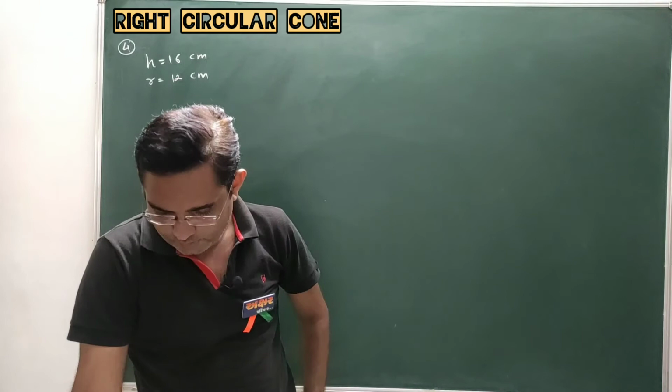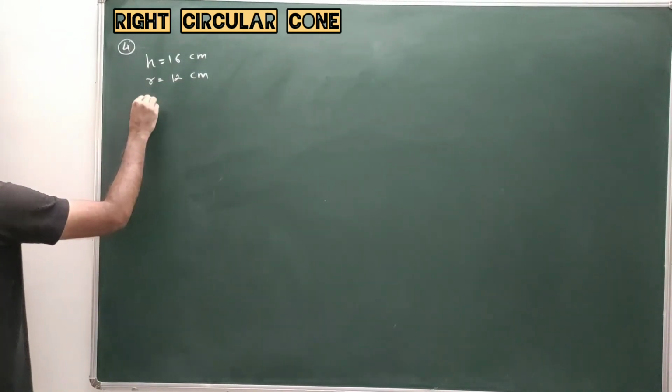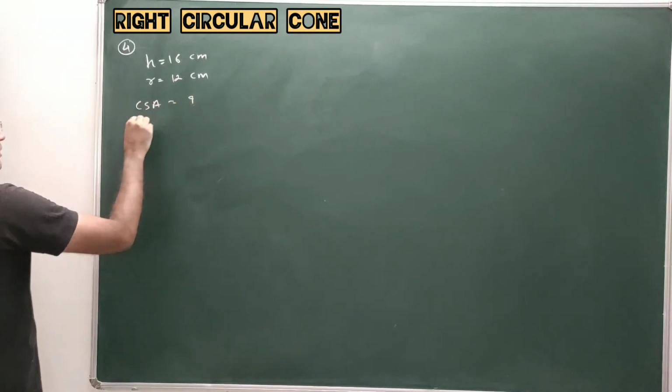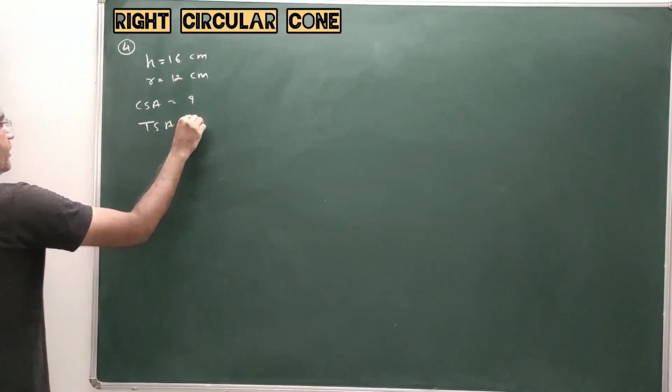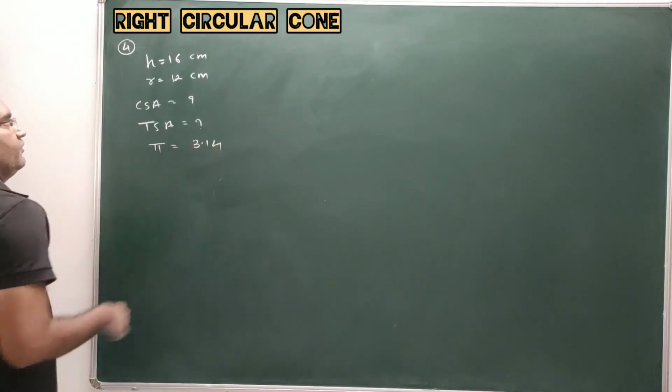For this cone we have to find the curved surface area and total surface area, given that pi equals 3.14.